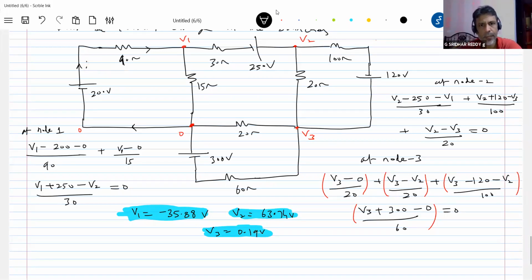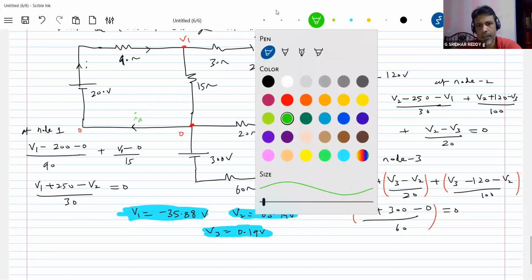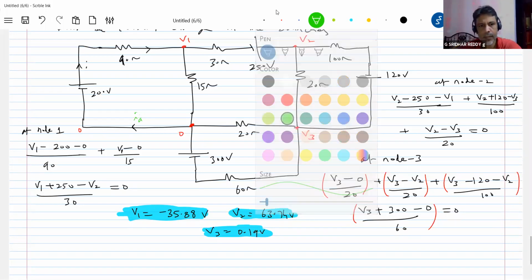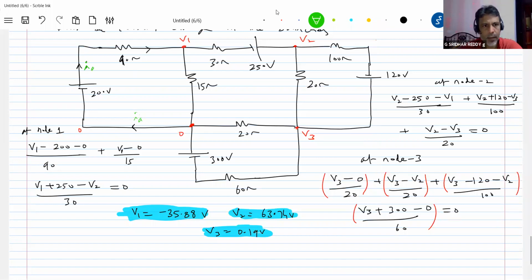The current here will be IA. This is IA and this is IA. So don't write IA here, you'll be in big trouble. This is the current.